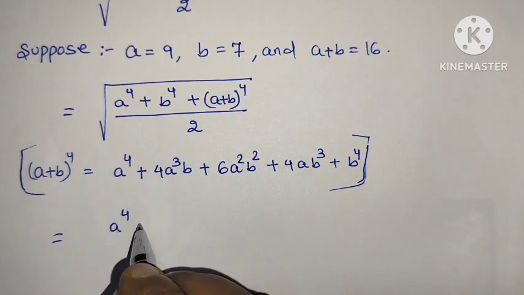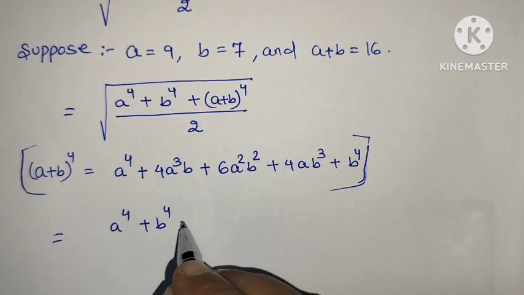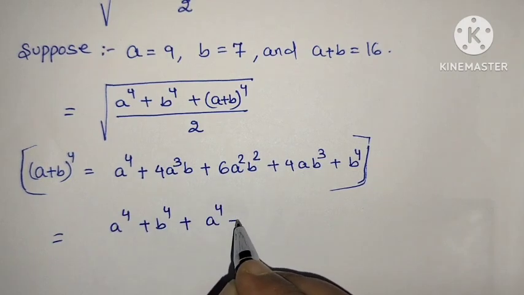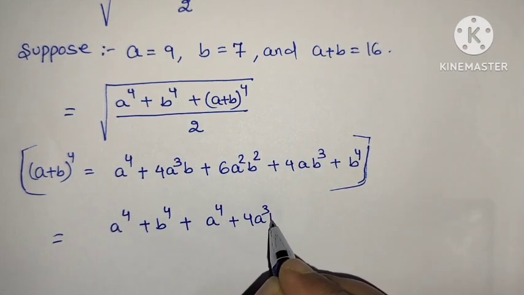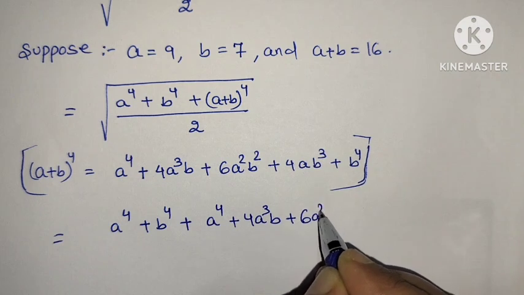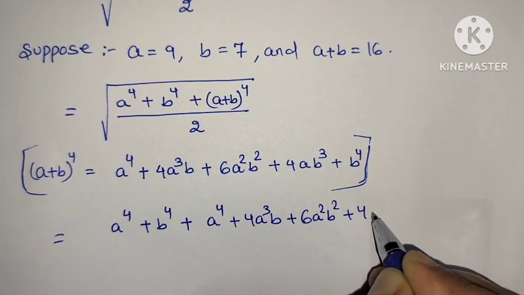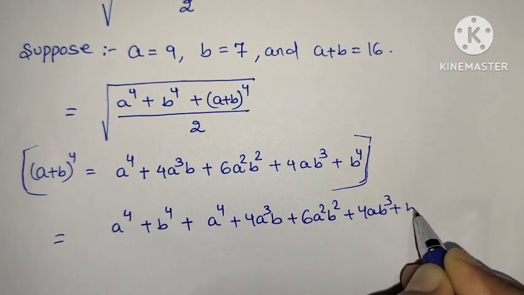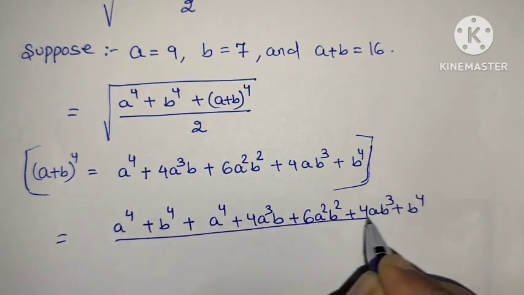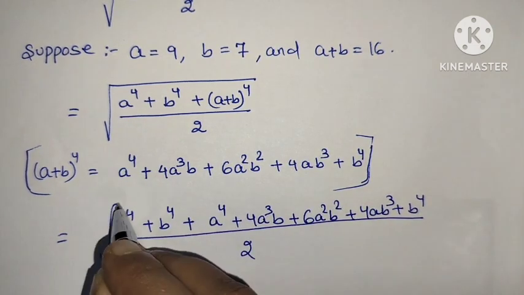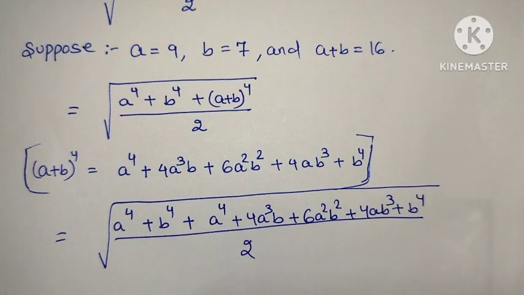This is equal to A to the power 4 plus B to the power 4 plus A^4 plus 4A cube B plus 6A square B square plus 4AB cube plus B^4, divided by 2, root over.